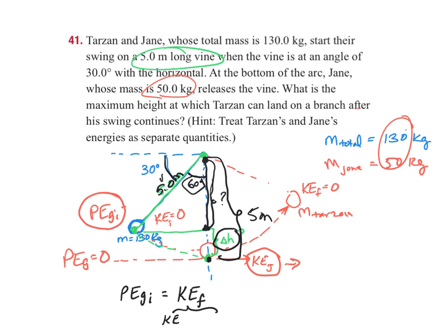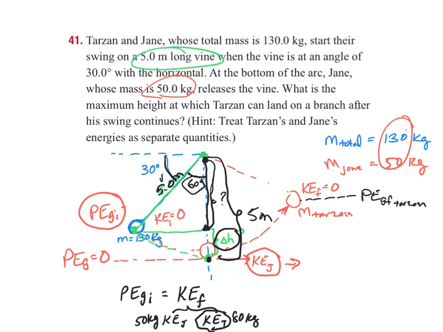So we're going to go KE Jane and KE Tarzan. Because her mass is 50 kilograms, his is 80 kilograms, you're going to have to separate their two kinetic energies, because his kinetic energy now, his 80 kilograms and whatever amount of kinetic energy he has, is now going to go all the way up to this top part right here, where this is PEG final for Tarzan.